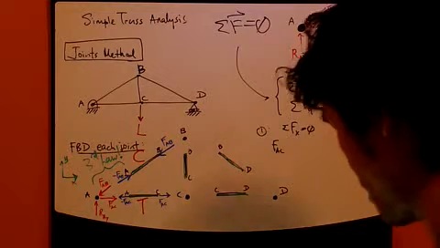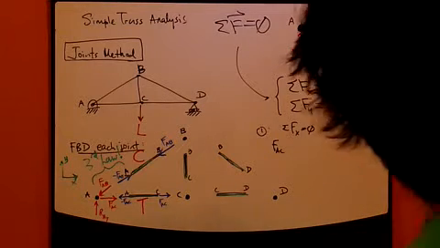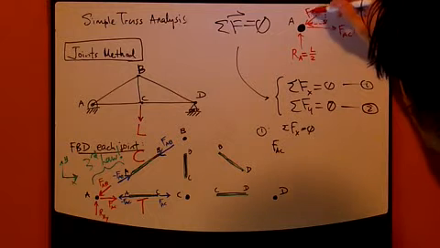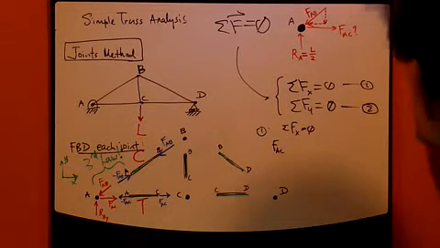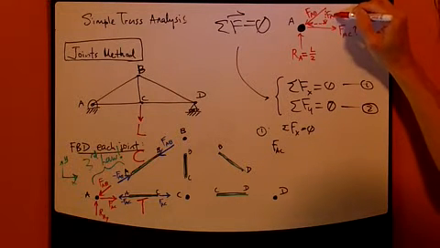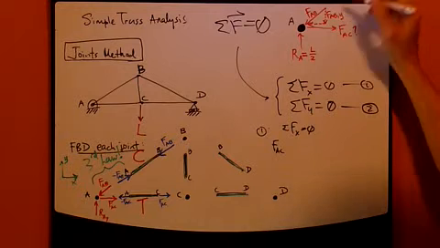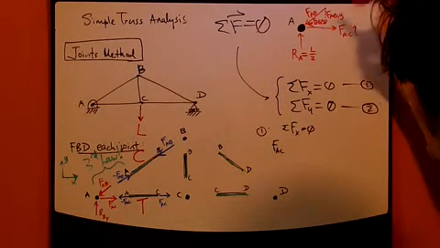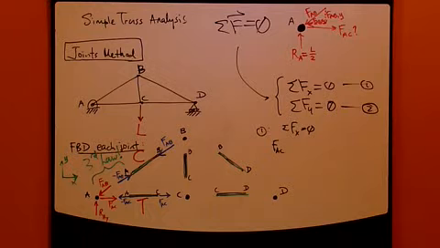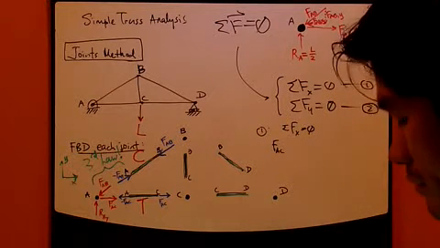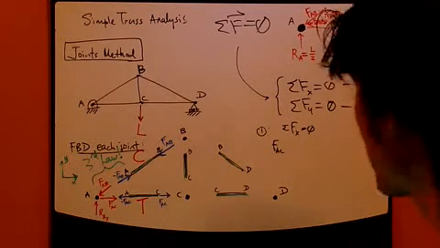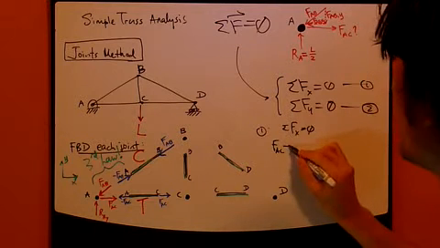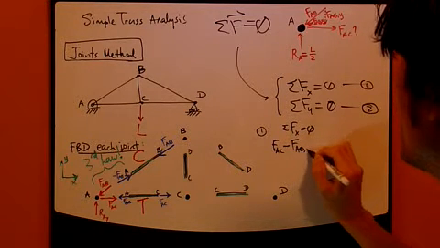Okay? And make some space. So this is my FAB. This is my FAB, comma, y. And this is my FAB x. Okay? So in this equation, I have FAC and I have negative FAB x.